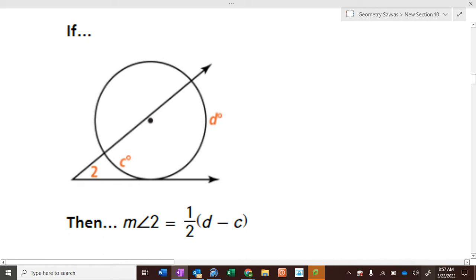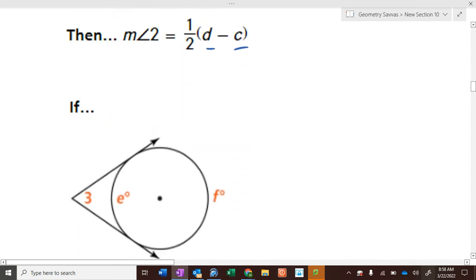This angle out here equals 1/2 of the big arc that cuts it off minus the little arc. Not this arc out here, that doesn't matter. It's the arc that the angle cuts off, the big arc minus the little arc. Take 1/2 the big minus the little, you get that angle.